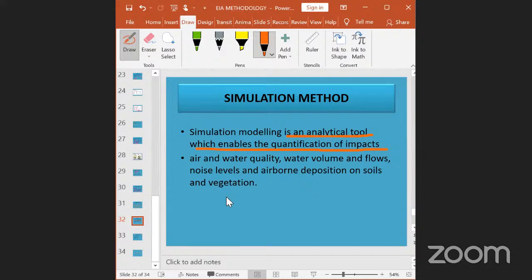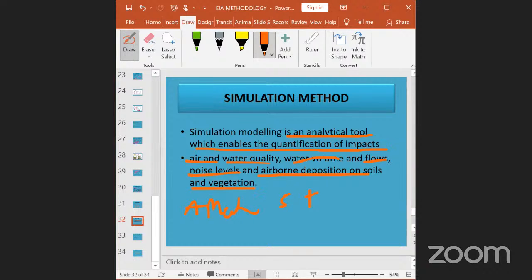So there will be different mathematical or physical models created simulating environmental conditions, and they will measure the impacts. A mathematical model lends itself to the spatial and temporal analysis of aspects of the environment, such as air and water quality, water volume and flows, noise levels, and airborne deposition on soils and vegetation, right?